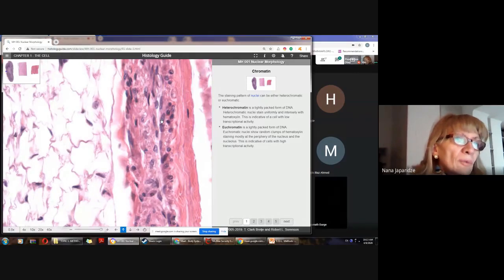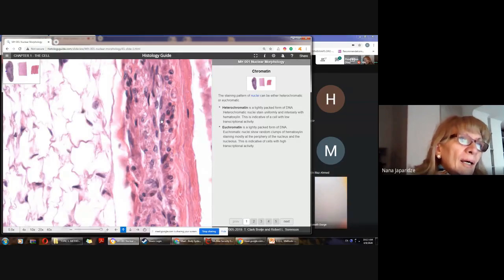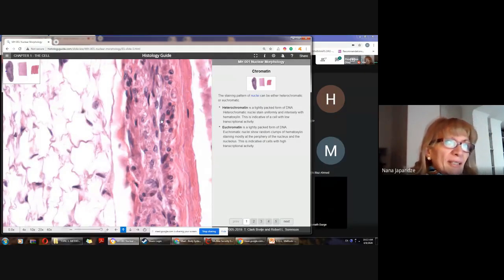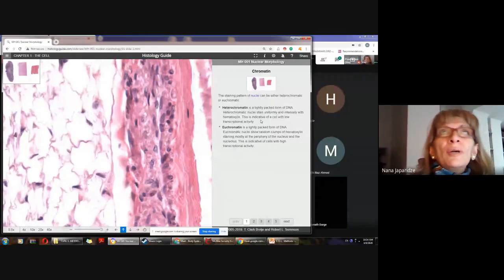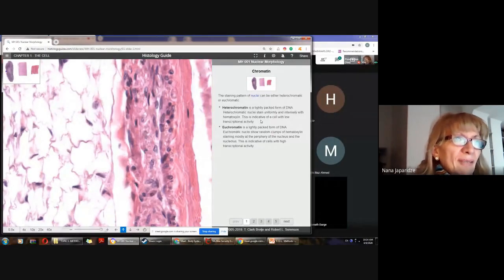This is a very good indication about the transcriptional activity of the DNA. It means that gene expression is not so active here, because when the DNA is tightly packed, it is not so well reachable for different transcription factors and substances which are needed for the transcription process.